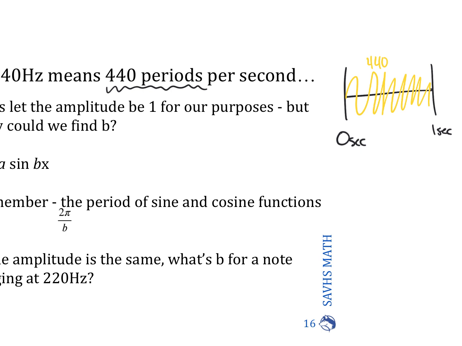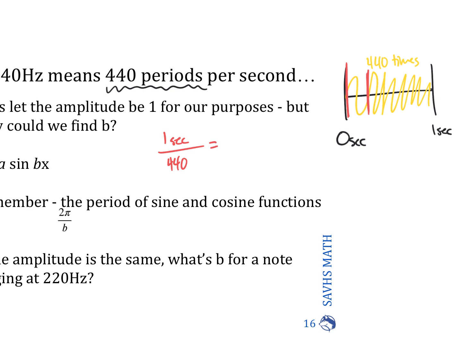I'm just going to write times. Okay, so 440 times. So what is happening is this second is getting split up into 440 little tiny pieces. And so what we need to know is that we're splitting this 1 second into 440 pieces. This is what our period is.